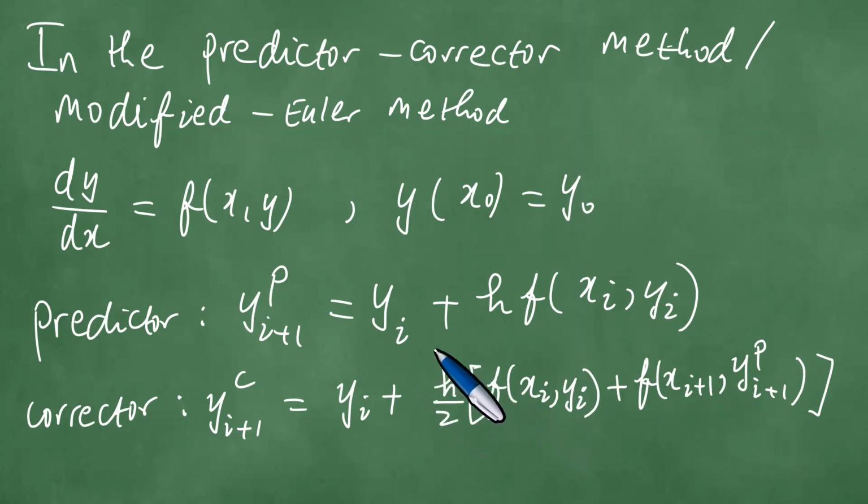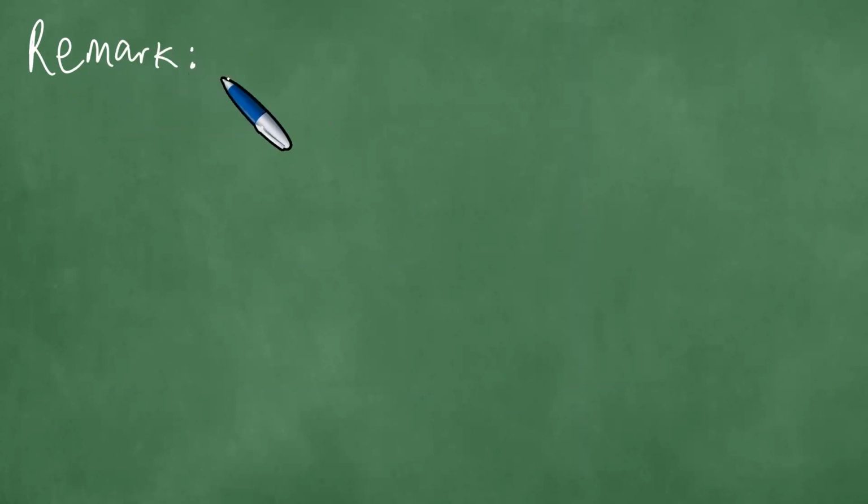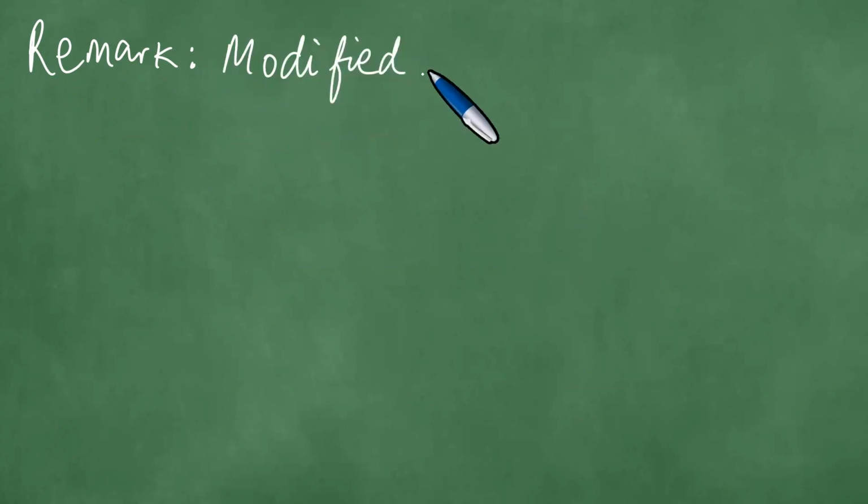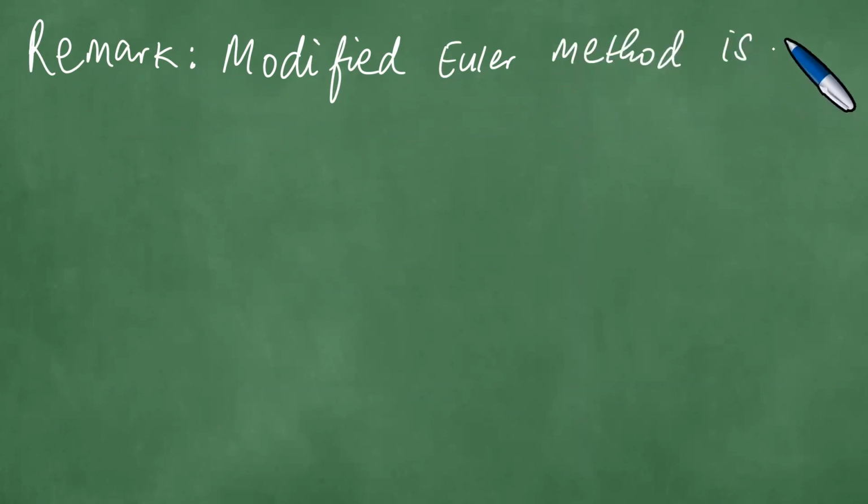Now let us look at these in detail, but there is a remark that I want to give. The notion of what we call the modified Euler method is an example. We learn how these methods are related to each other.